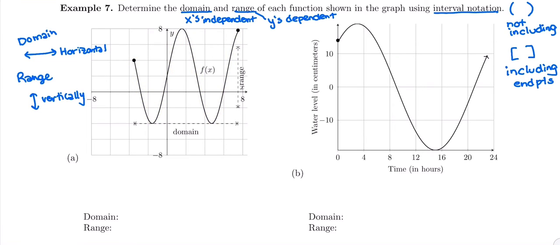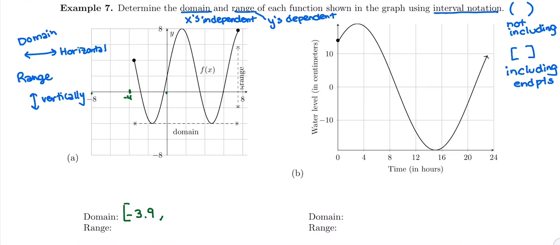So to express this in interval notation, this first point here, this x value, is maybe somewhere like halfway between 0 and -8 would be -4, but we're not quite there. That x value is not quite at -4. So we could call it maybe like -3.9. And since it's a closed circle, we're going to include that in our domain.